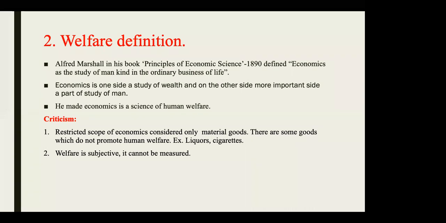To promote his welfare, you need to provide him food, water, and sanitation. Whereas a rich man already possesses all of these: food, water, house, sanitation. For him, if you provide some shares of some company, that is a welfare for him. So welfare is subjective, and we cannot measure it for a whole system.